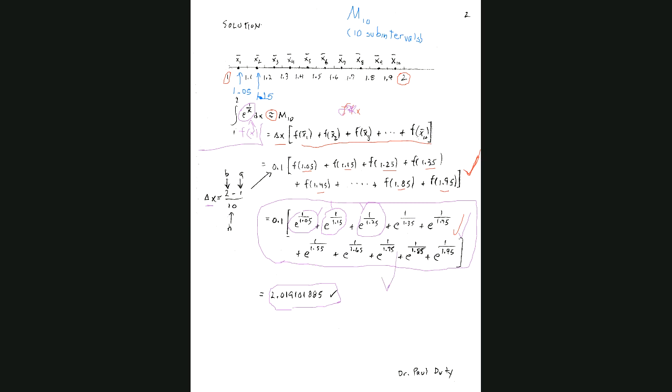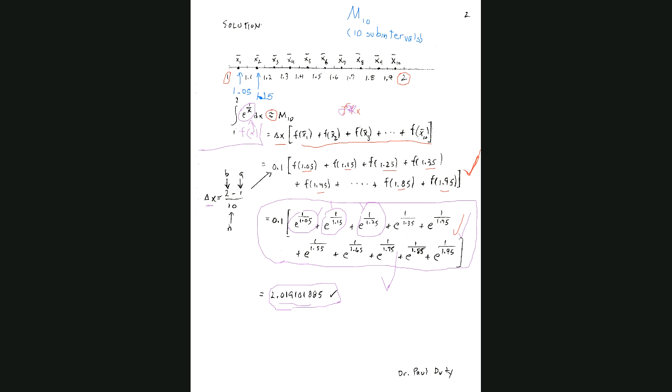It's not going to want you to use a program or something. It's going to want you to do it this way and get the answer that you get doing it this way. But anyway, that's the approximation.